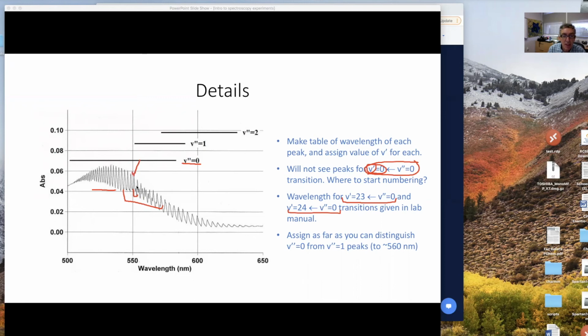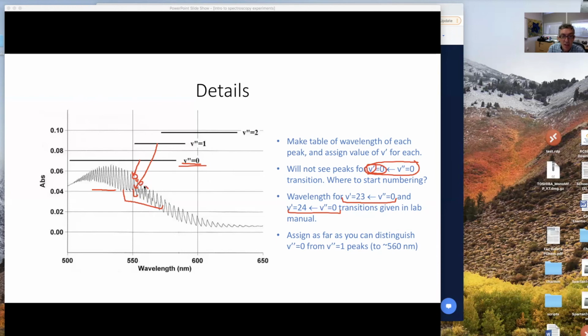The smaller peak is for excitation out of V double prime equals 1, and that's not the one you want. So you could pretty confidently say, okay, I know what this larger peak is. It's one that I care about. It corresponds to something out of V double prime equals 0. I'll just keep labeling the peaks marching along, and you can label several more pretty confidently, probably.